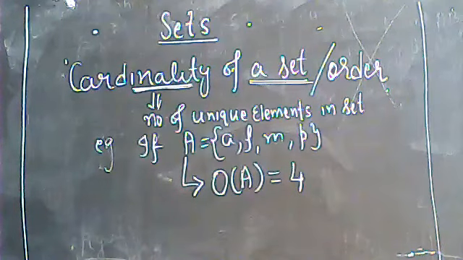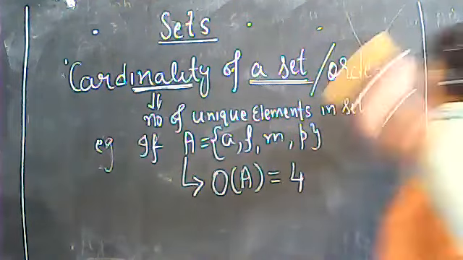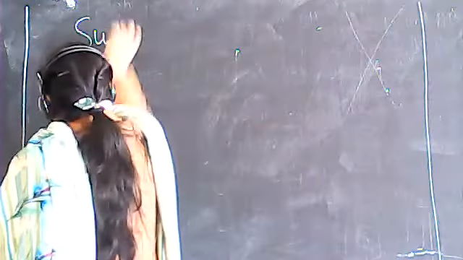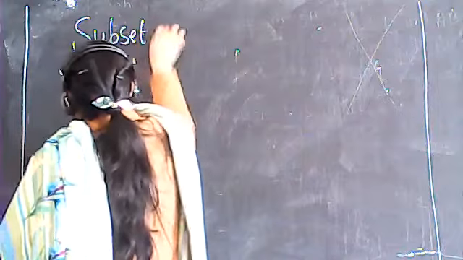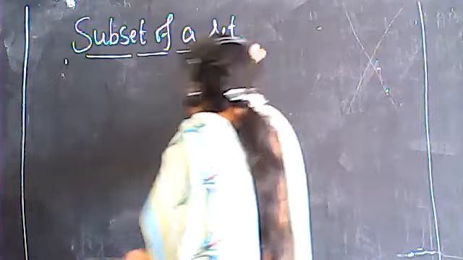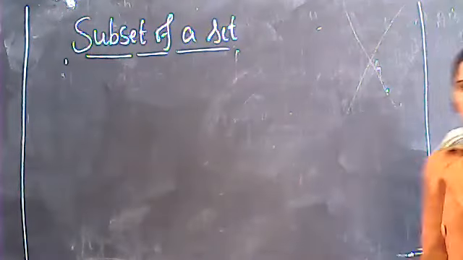This is the first definition. Now, the next definition is subset of a set. This definition is very important, that we are going to start now. Subset of a set. Next definition is subset of a set. Now, what do you mean by subset?